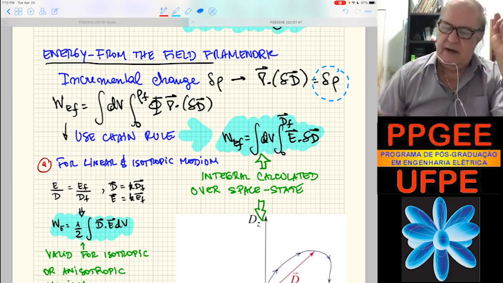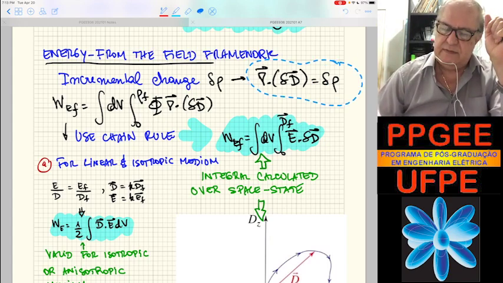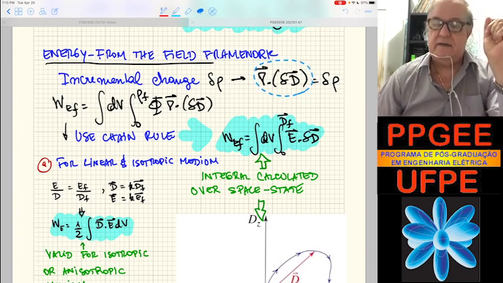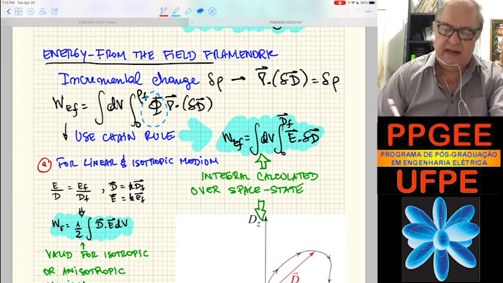Now, if we replace delta rho in our expression by the divergence of delta D, then we have the same expression, with phi and delta rho right here.